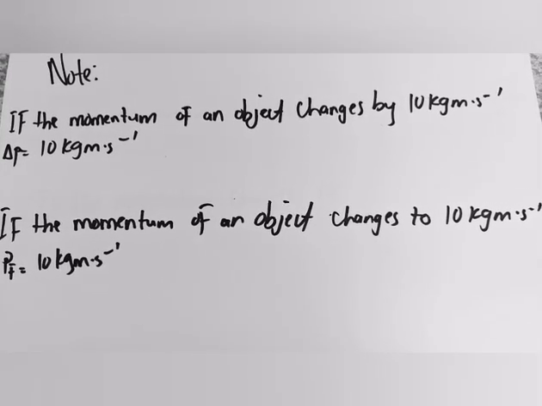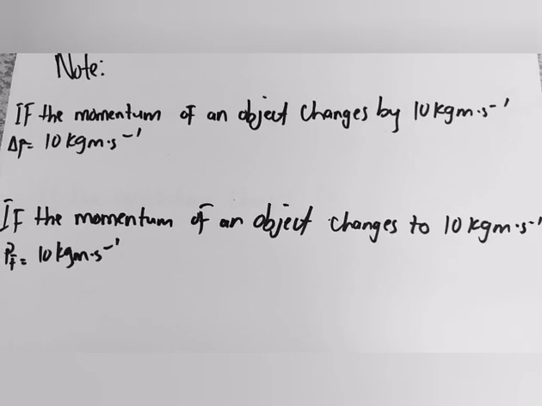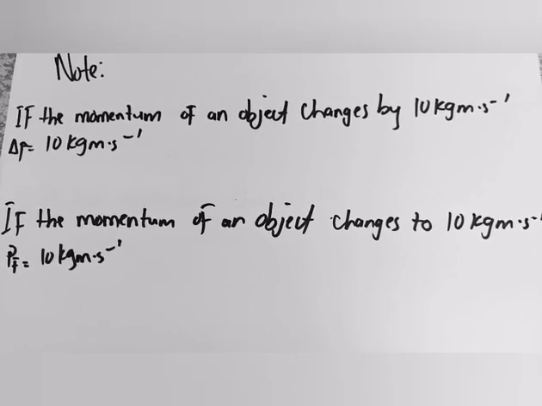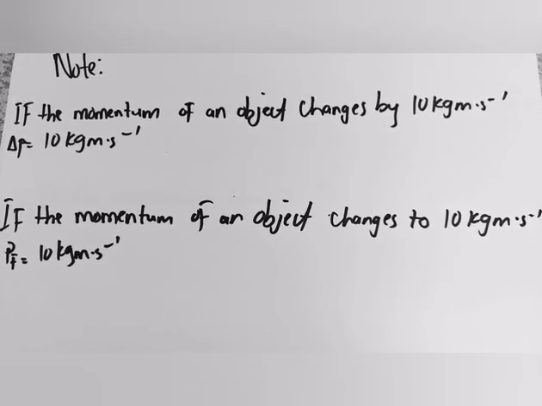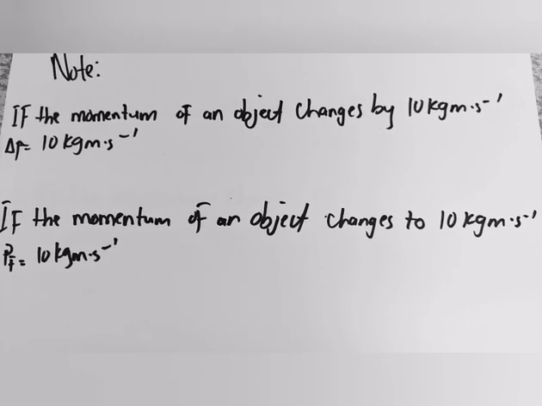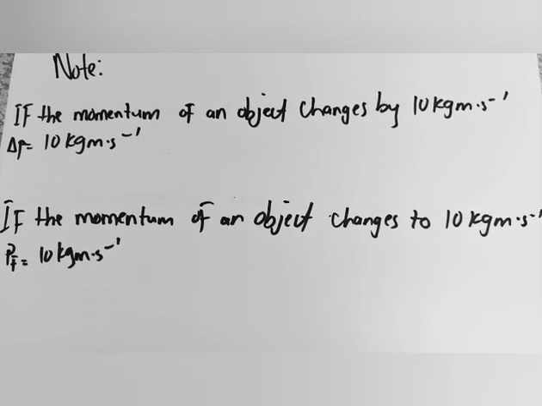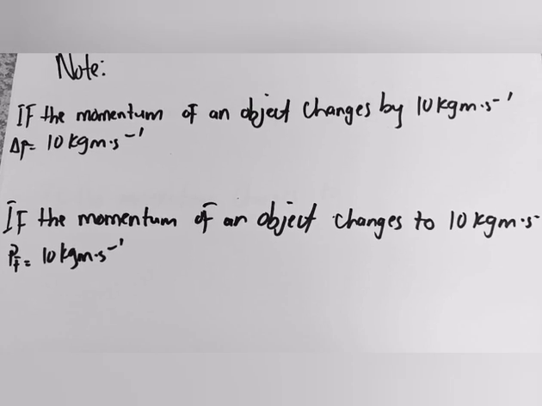Note that if the momentum of an object changes by 10 kilogram meters per second, it means that 10 kg meters per second is the change in P, because it changed by.